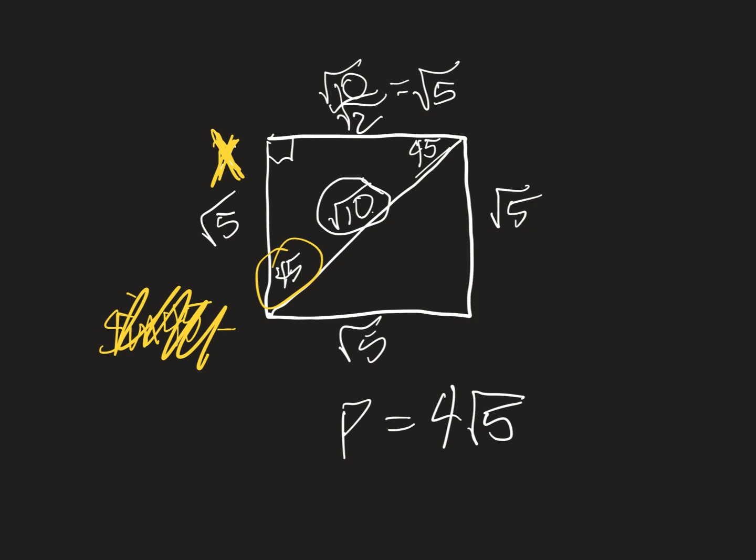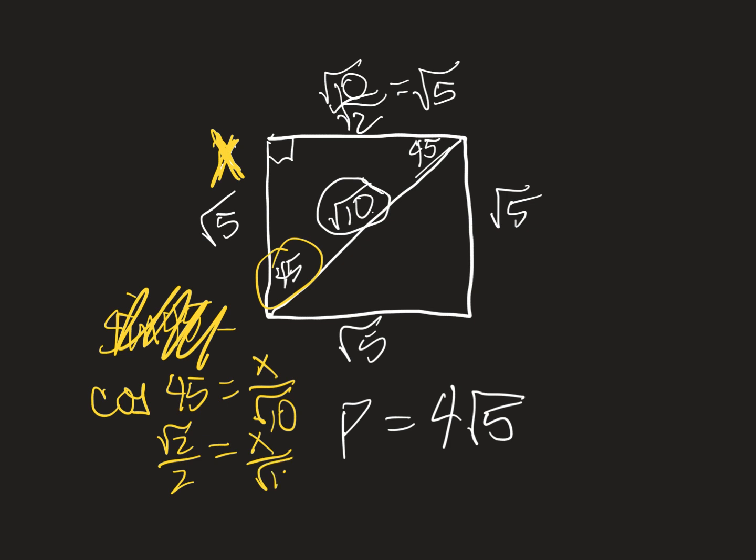Adjacent over hypotenuse is cosine of 45 is equal to x over the square root of 10. And the cosine of 45, I already know, is the square root of 2 over 2. See, this is where knowing the exact helps you. You don't have to use a calculator. And that's equal to x over the square root of 10.